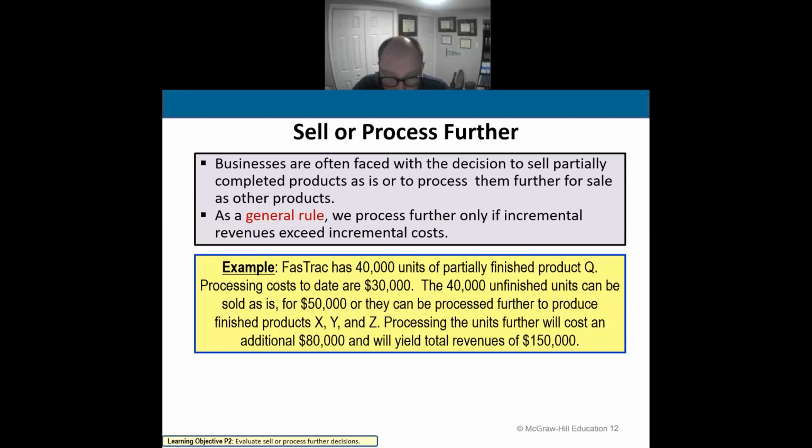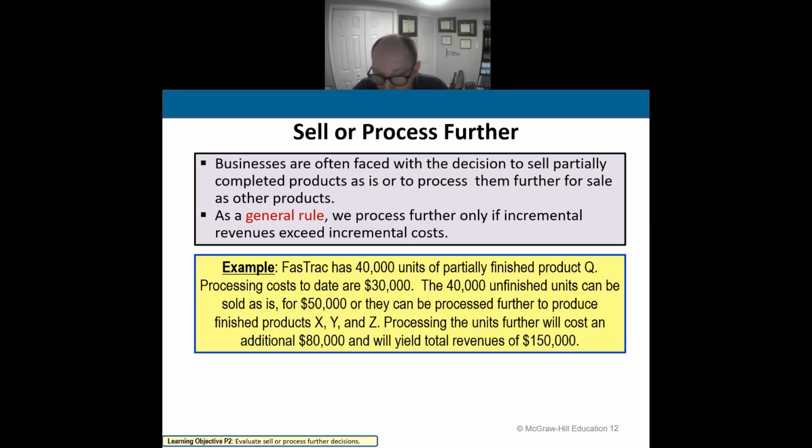If I process it further, it would be an additional cost of 80,000, and my total revenue would be 150. So, in order to figure out what my total gross profit would be if I process it further, I take 80,000 plus my 20,000 original.